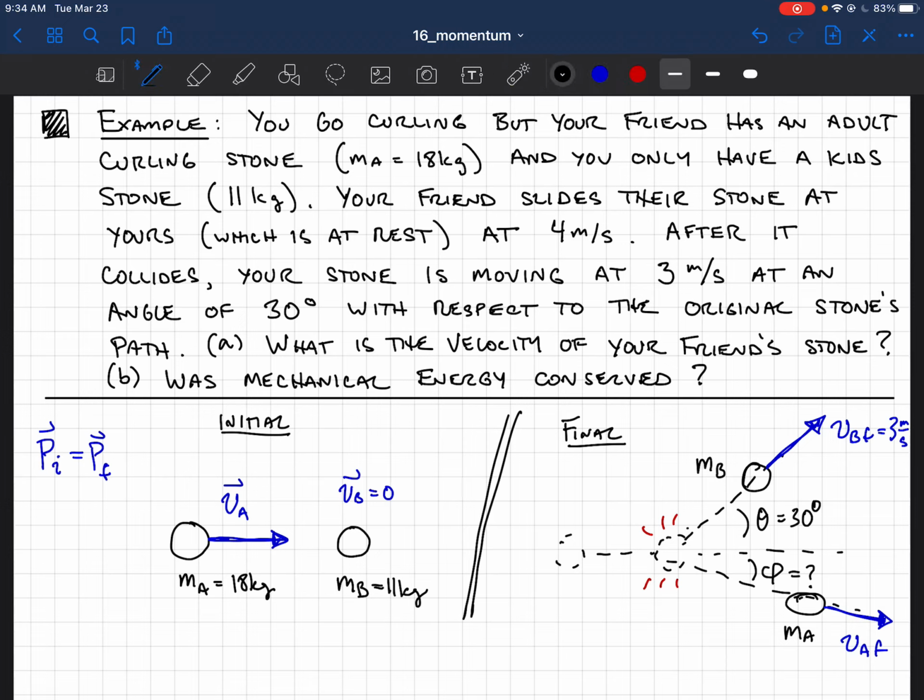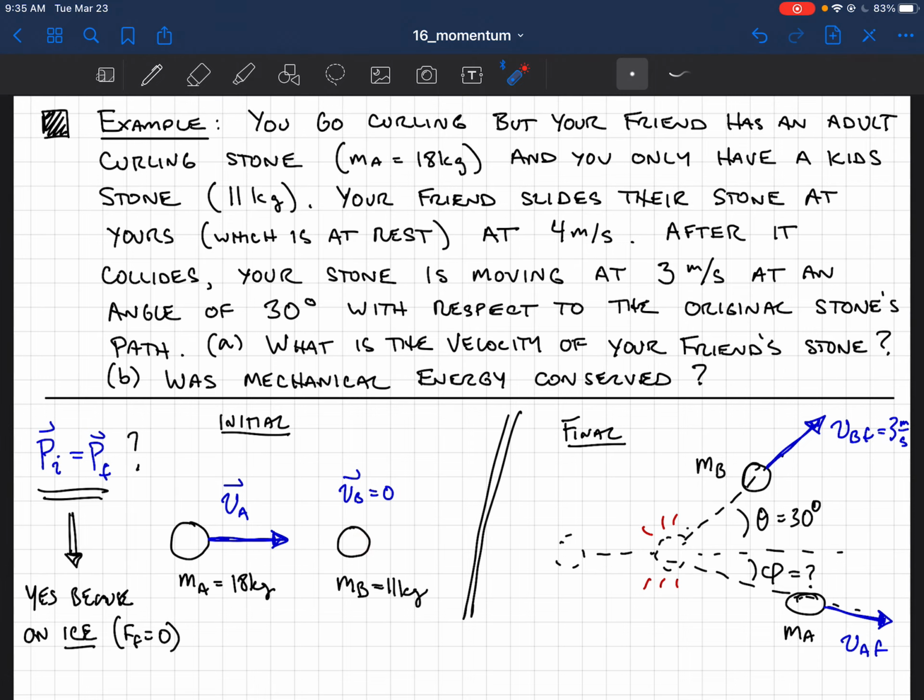So is it true that we're allowed to use momentum conservation? We'll say yes, because on ice, meaning the force of friction is equal to 0, and there are no other forces on the system. So I'm looking downward at this ice rink. These stones are sliding on the ice, and there's basically no friction on them.